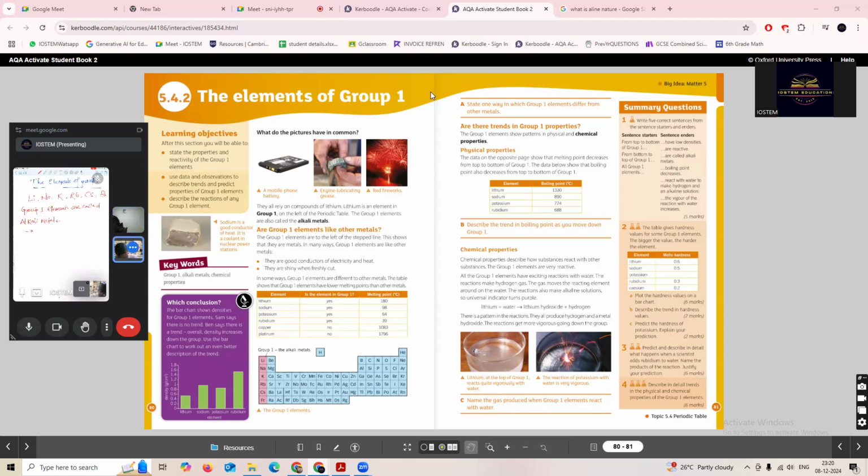So they are very good conductors of heat and electricity, and also they are very shiny.